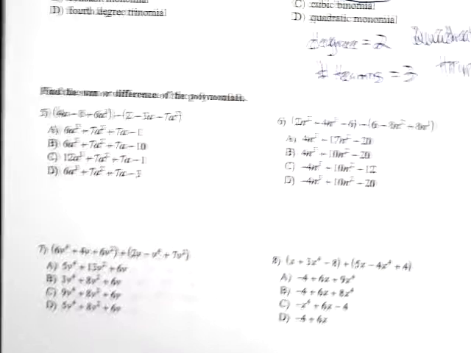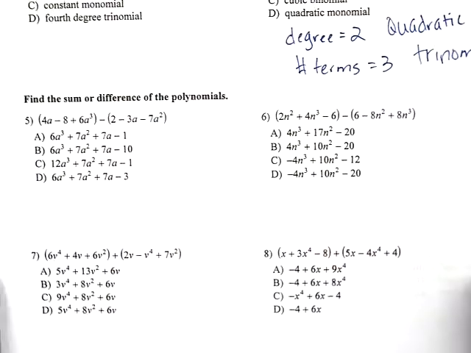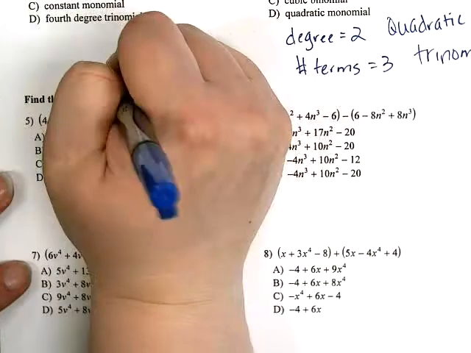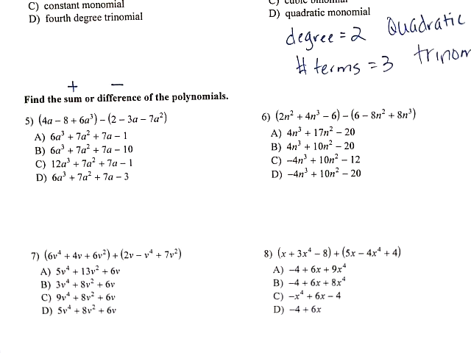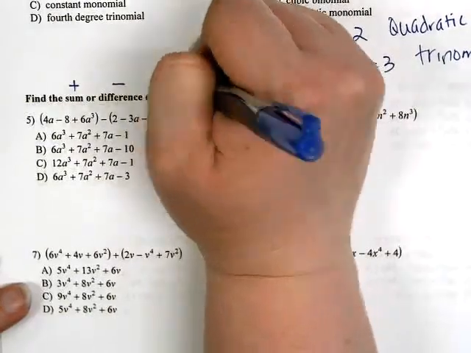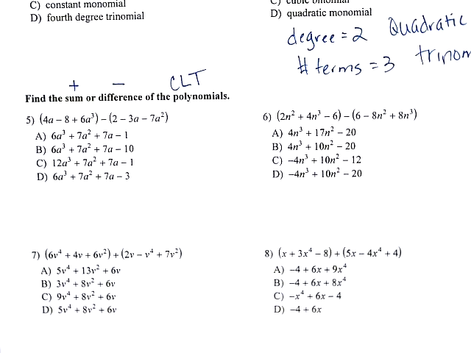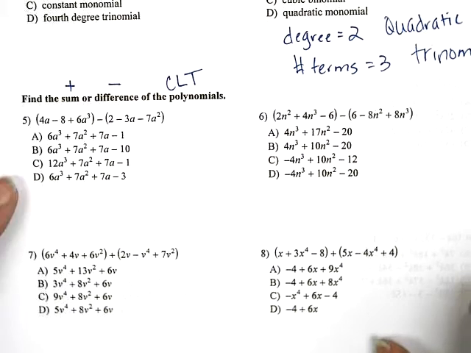All right, let's move on to sum and difference. Sum means plus, difference means minus. So essentially what we're doing, unless we have to worry about distributing the negative, we're really just looking at combining like terms. All right, so x squareds go with x squareds, x's go with x's, constants go with constants, all that good stuff. So let's take a look at number 6.